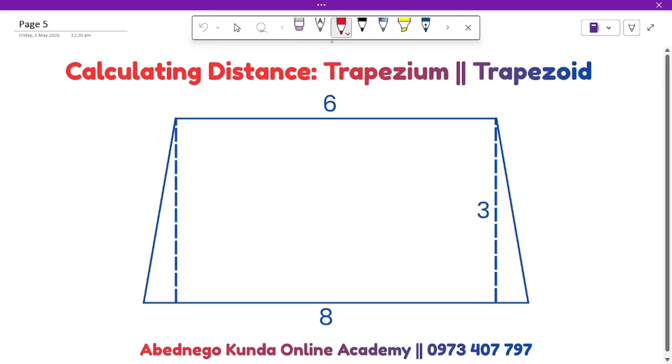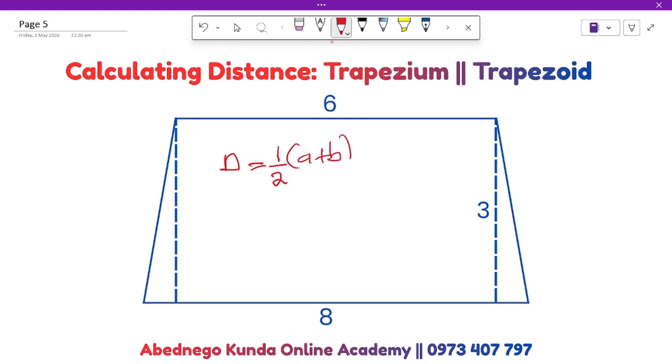So the formula for finding the distance of a trapezium is distance is equal to the common one, which is 1 over 2 times (a plus b) times height. Okay, but I prefer to use this one, which is going to be (a plus b) times height, then everything over 2. All you have done is you have multiplied 1 times everything here.